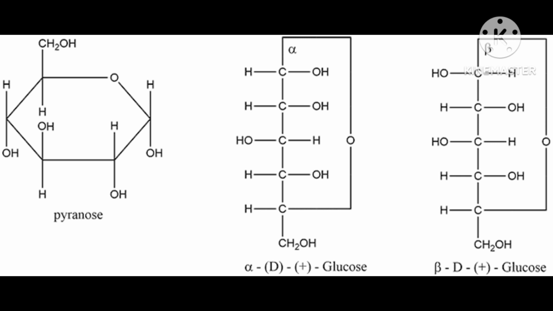The first point is that despite having the aldehyde group, glucose does not give the 2,4-DNP test, the dinitrophenylhydrazine test. This fact can't be explained by structure 1.